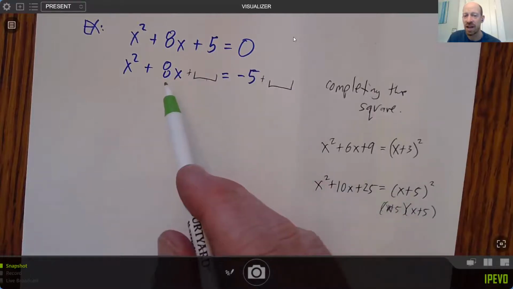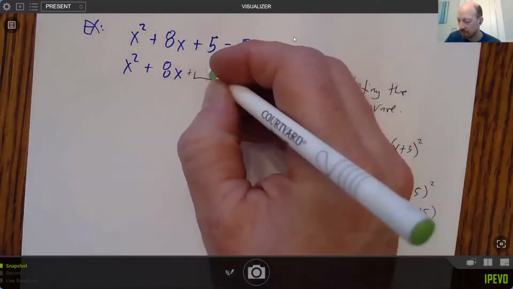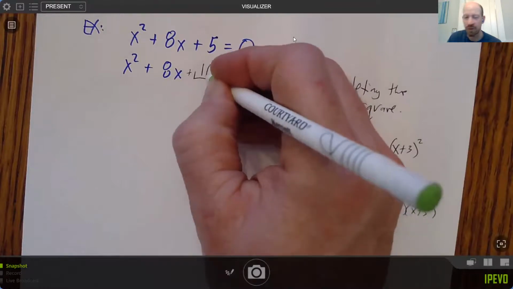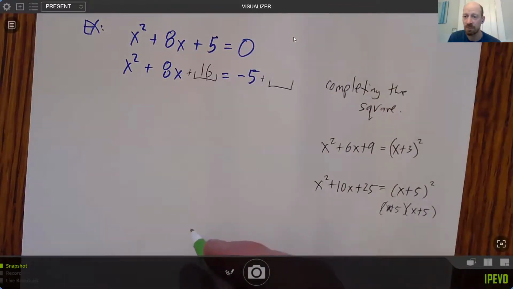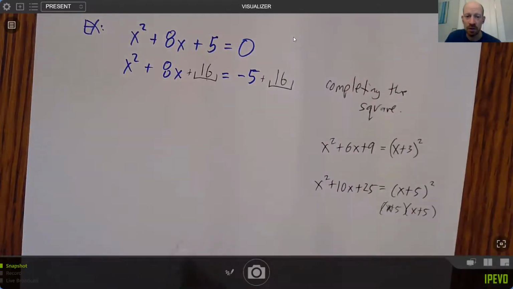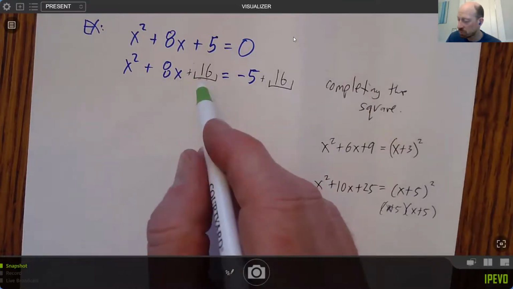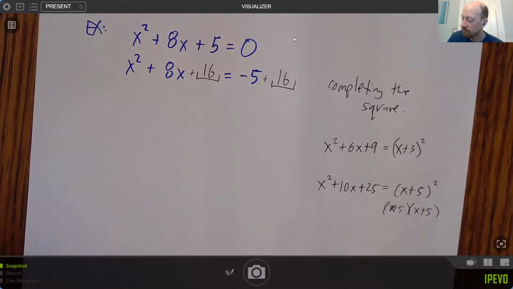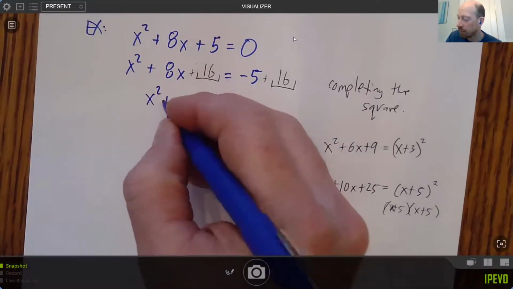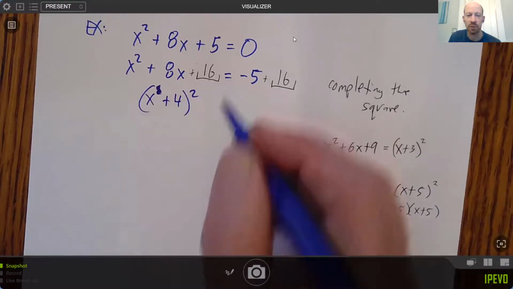So if this is 8x and 16, I've got to do the same thing to both sides. This is great, right? This is just what I want. (x plus 4) squared.